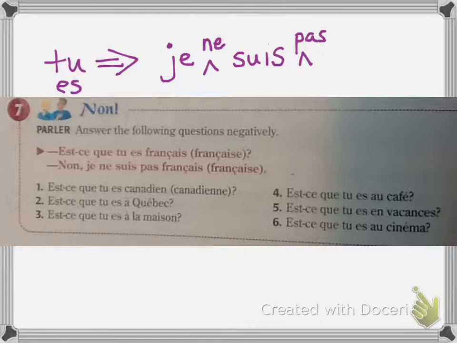Numéro 4. Est-ce que tu es au café? Non, je ne suis pas au café. 5. Est-ce que tu es en vacances? Non, je ne suis pas en vacances. 6. Est-ce que tu es au cinéma? Non, je ne suis pas au cinéma.